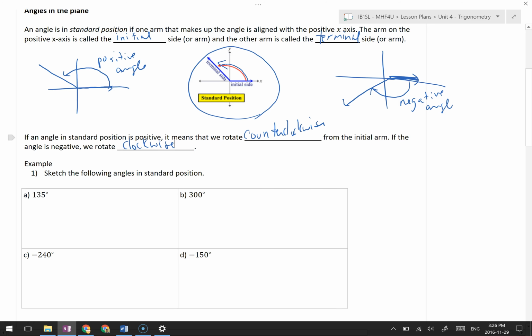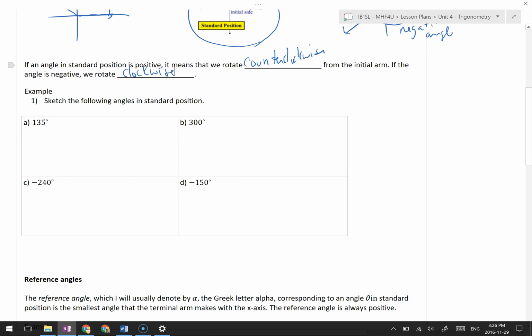Okay, so let's look at some quick examples here. This question is asking you to sketch these angles in standard position. So the first example is 135 degrees. I'm going to sketch this angle. So 135 degrees, my initial arm is on the positive x-axis.